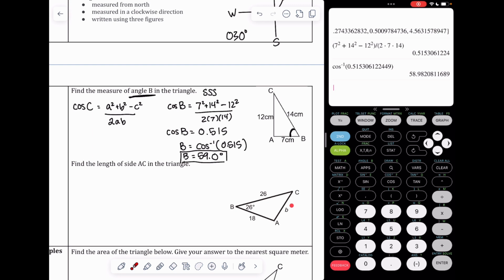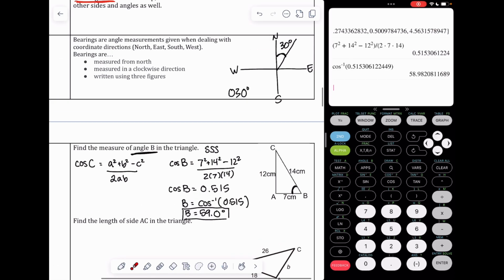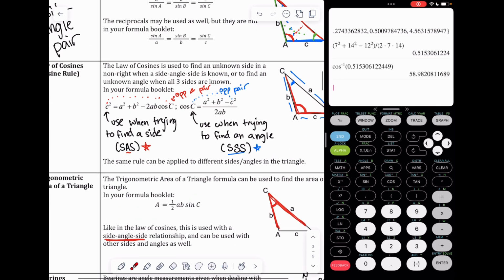So if I am going to try to find a side, I'm going to use the version of the cosine rule that looks a lot like the Pythagorean theorem, just with some more added on because we don't have a right triangle. So that will be this version here. When we're trying to find a side, and we're given side angle side, we'll use this one.